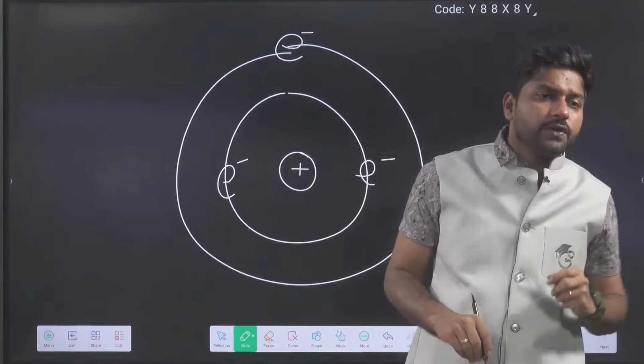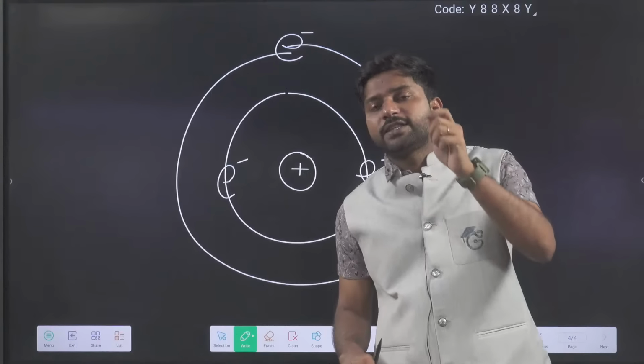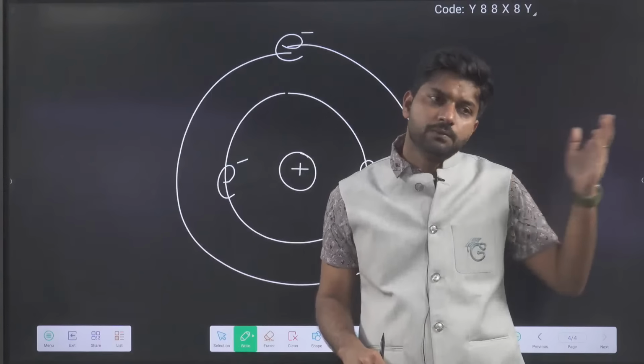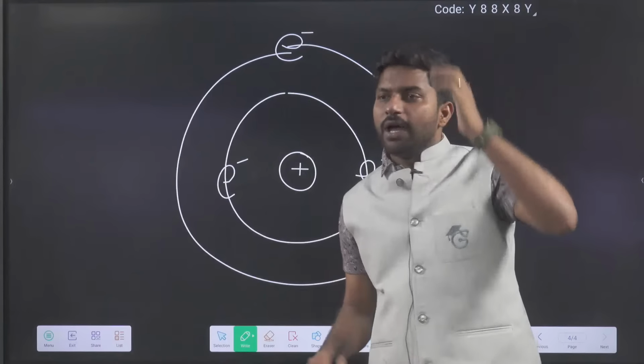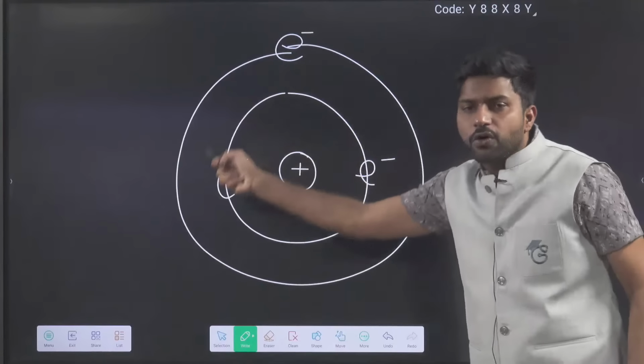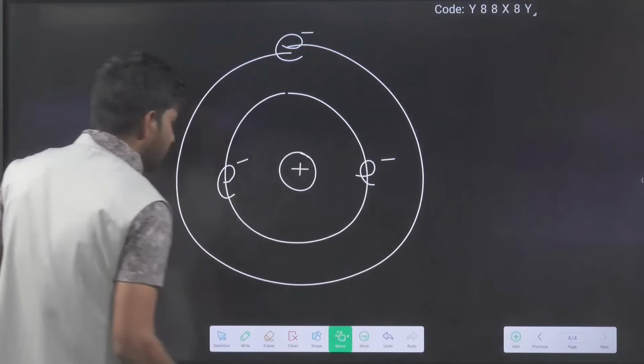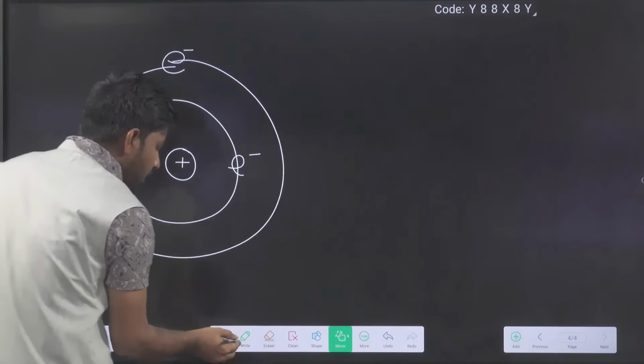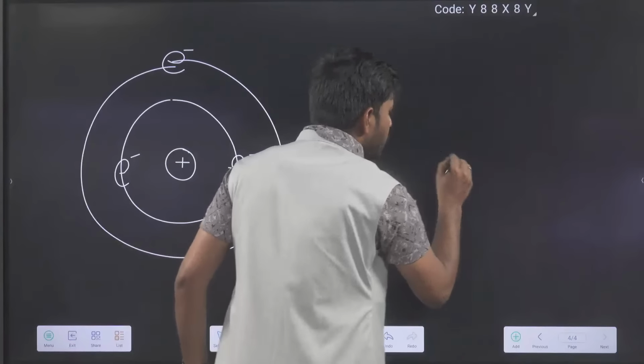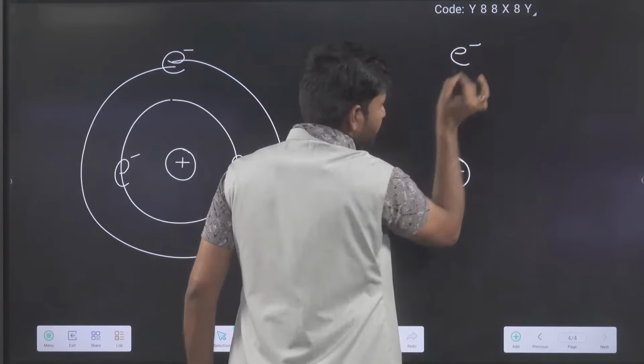So Maxwell said to Rutherford, now as per your model, when the electron is revolving, ideally the electron should lose its energy.